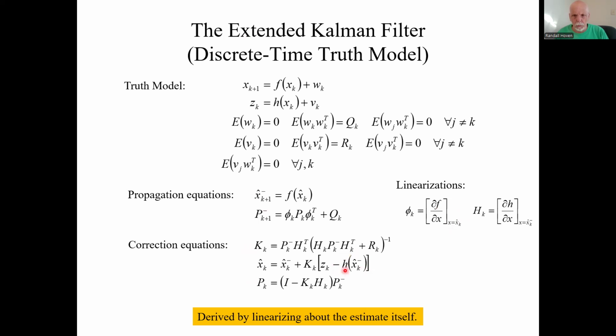You use the actual nonlinear function here using your previous state estimate. But this capital H here is again an approximation. This is a matrix of first partials. These are things you put in a computer. It has to do a bunch of calculations in each step.